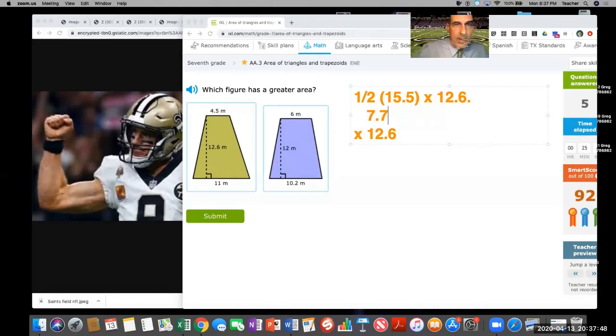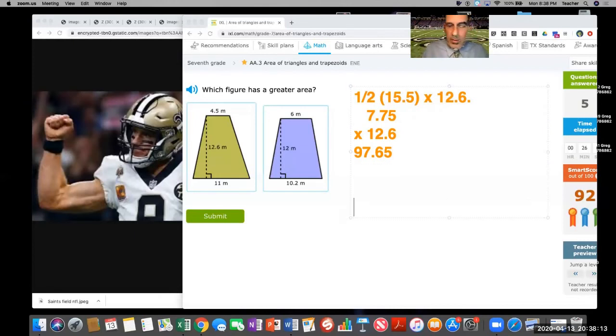I'm going to save you a touch of time since I'm showing you how to do it. You all know how to multiply. So 7.75 times 12.6 equals 97.65, or how do we say that mathematically? 65 hundredths. Okay, so that's the first figure.